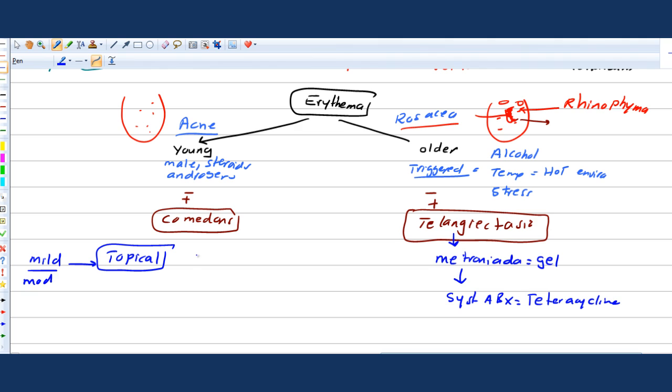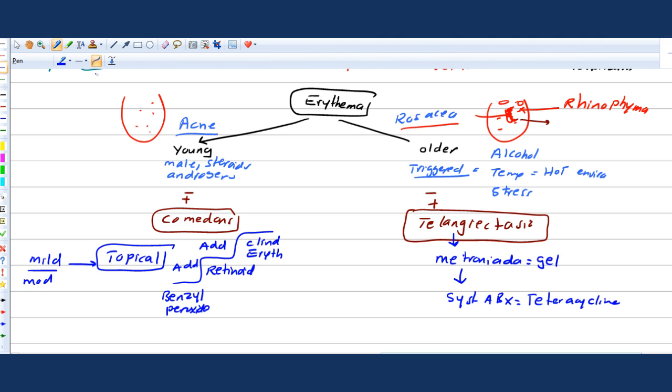Now for topical, you will start with benzoyl peroxide. If there is still a problem, you add retinoids, which are also topical. Still a problem, you will add, at the end, also topical, either clindamycin or erythromycin. Very high yield, guys, and it's not so hard.